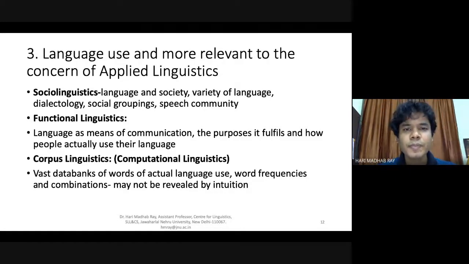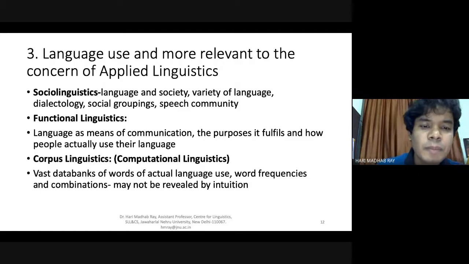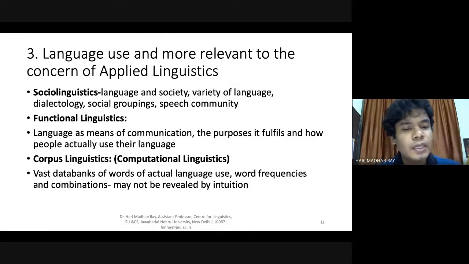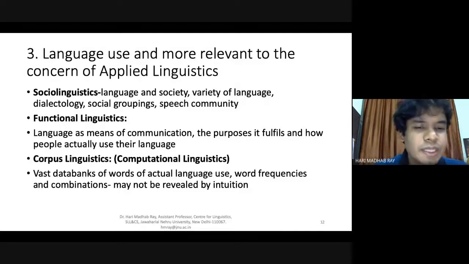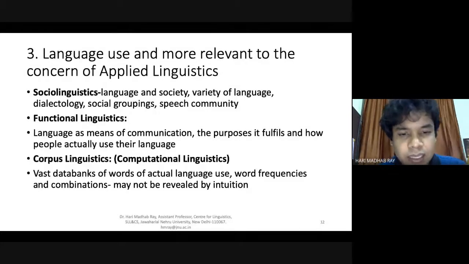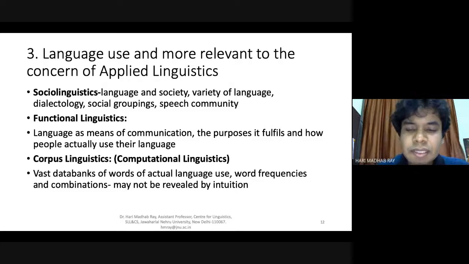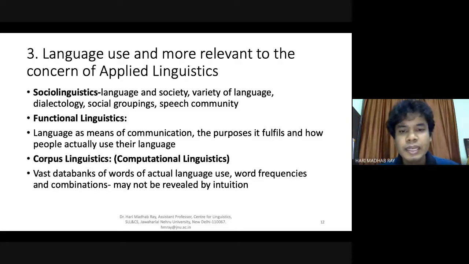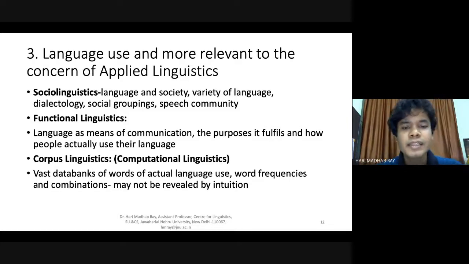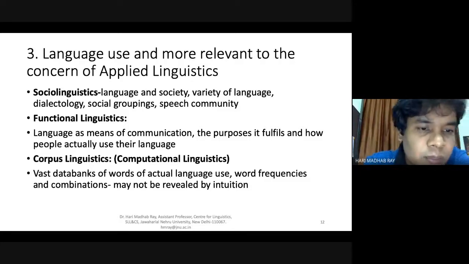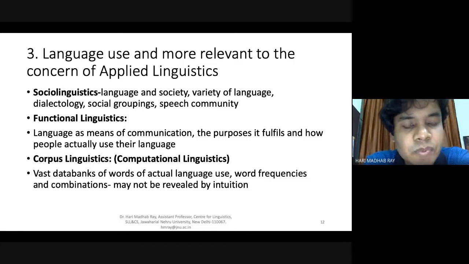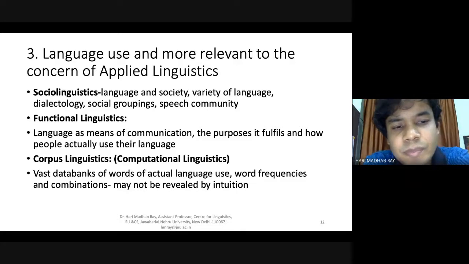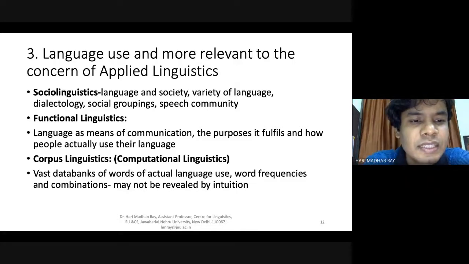Within the concern of applied linguistics, corpus linguistics is one really interesting area. Within computational linguistics, I think last class someone was telling that two or three persons are really interested in computational linguistics. Here also, in corpus linguistics, one of my friends, Professor Niladri Sekhar Dash, professor and head at ISI Kolkata, works on this, as well as CIL Assistant Director Dr. Narayan Choudhary.